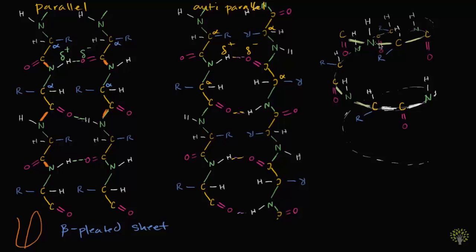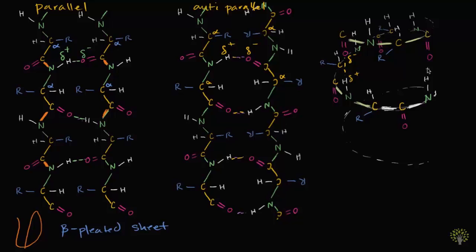Now this over here, we see that the backbone is going in this helical structure, and we have essentially hydrogen bonds between the different layers of the helix. So over here, this oxygen is partially negative charge. This hydrogen, partially positive charge.